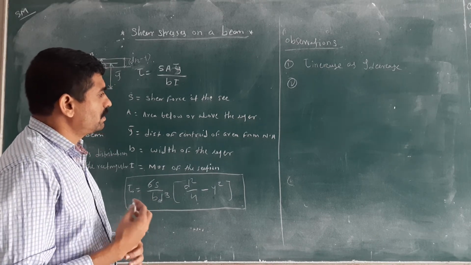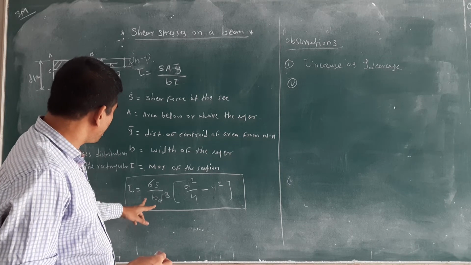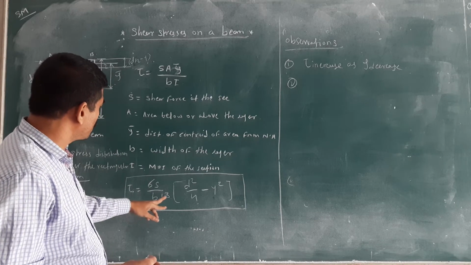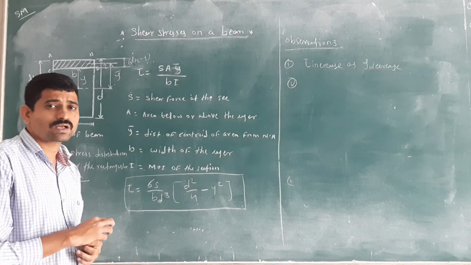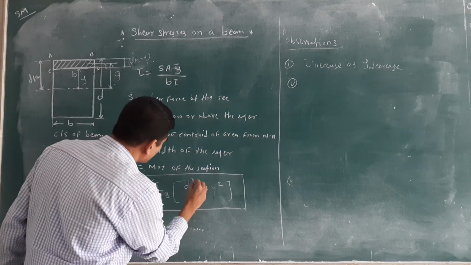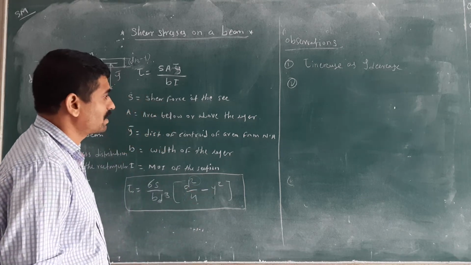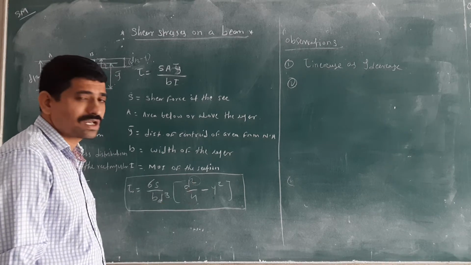Then the second observation: check that the variation of tau over the rectangular beam will give a parabolic curve. Why a parabolic curve? We have seen in the second unit, if you check the degree, you will get a second degree curve. The equation is a second degree equation.